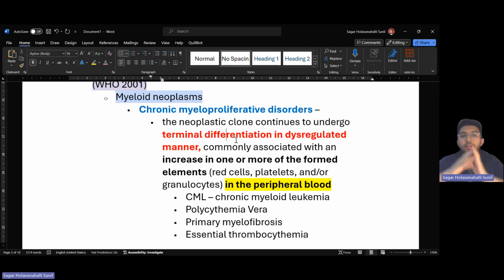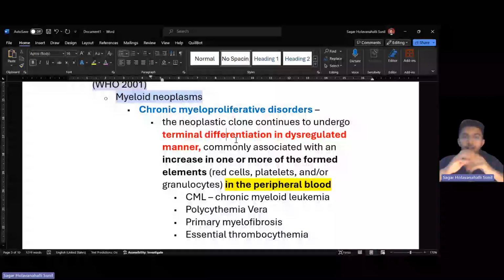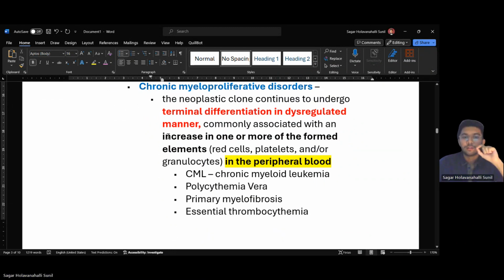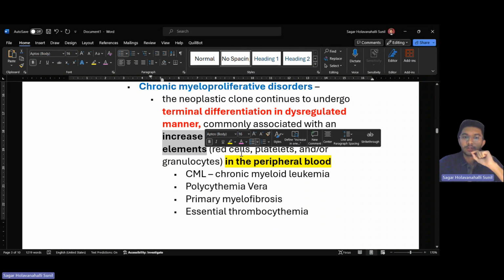However, the manner in which they undergo this terminal differentiation is dysregulated. Okay, so they are not perfect neutrophils. They need not be perfect erythrocytes. There will be imperfections, and as a result, there will be a neoplasm arising from it. So there will be an increase in one or more of the formed elements.